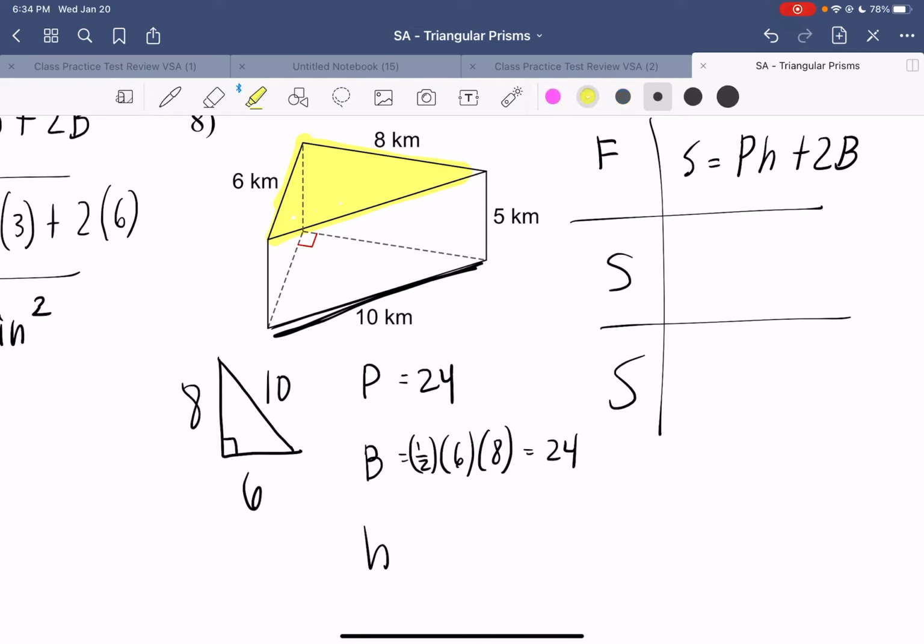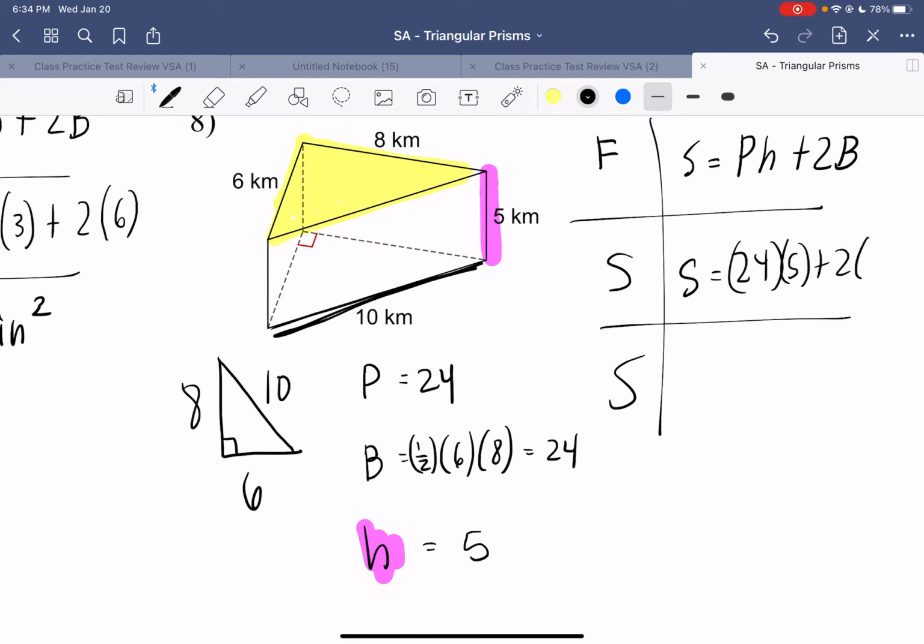And then the height of our prism is 5. Then we can substitute: 24 times 5 plus 2 times 24 gives us 168 kilometers squared.